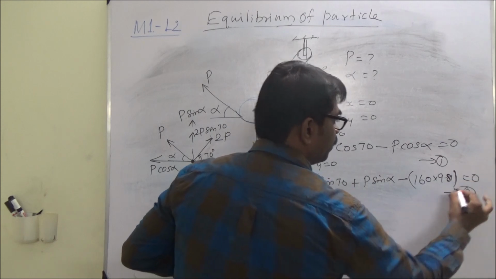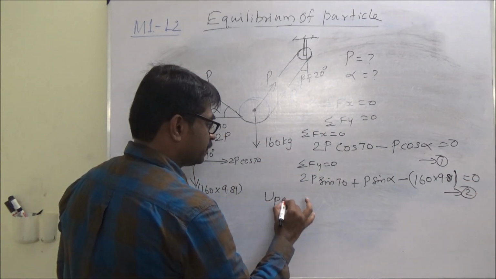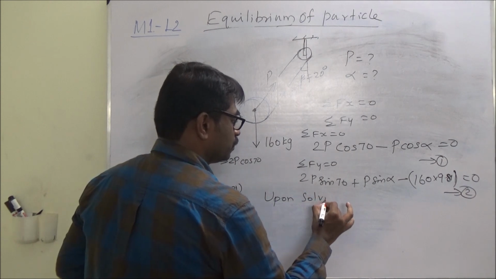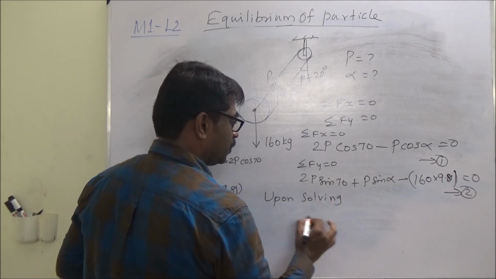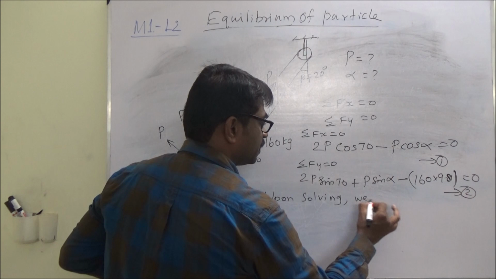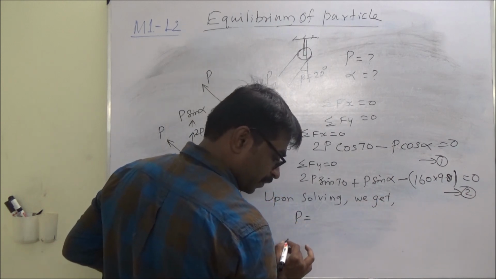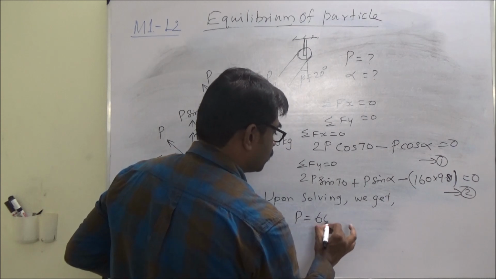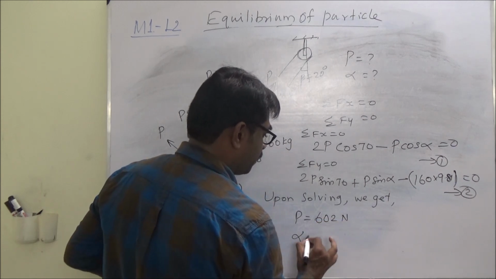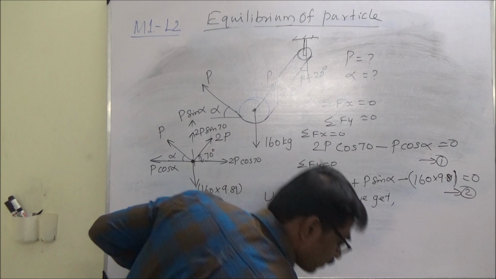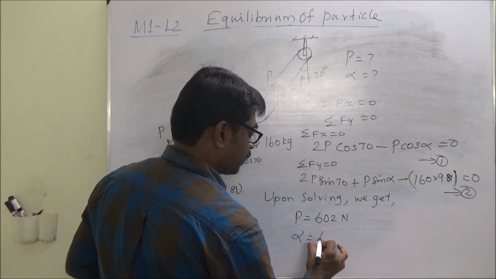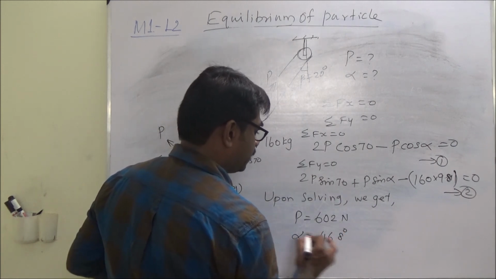This is equation 2. Upon solving, we get P equal to 602 Newton, alpha equal to 6.8.